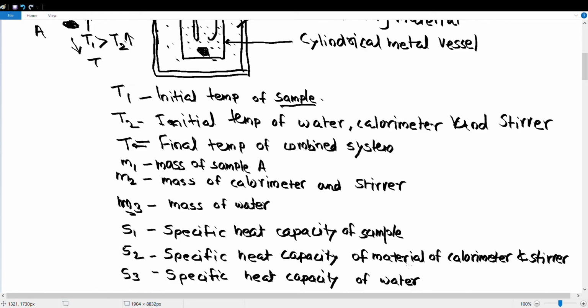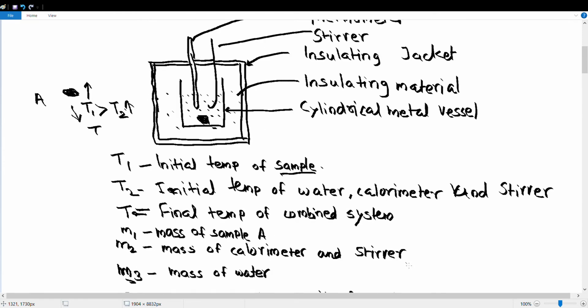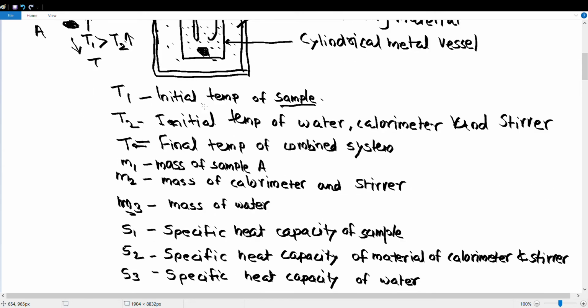Now, as I stated earlier, when this piece of sample is inserted in water, then it loses the heat, and the water, the calorimeter, they gain the heat.